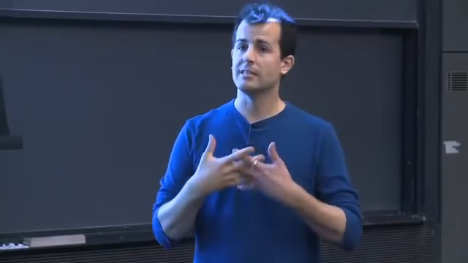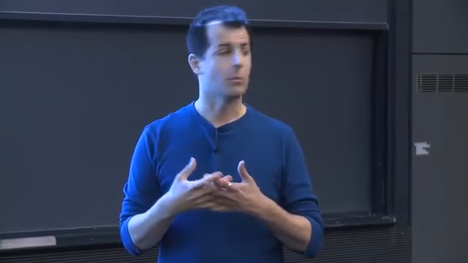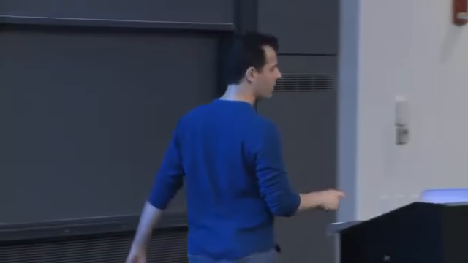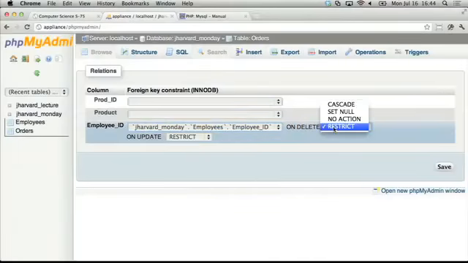Because if Stephen, employee 3, has both a row in the employees table, and he's also sold a couple things in the orders table, by specifying this relationship between the two tables, I can ensure that I or a colleague doesn't accidentally delete Stephen from the employees table because I've restricted deletes and updates. In other words, if I try to delete Stephen, it's not going to be allowed because I'm going to be violating this constraint.